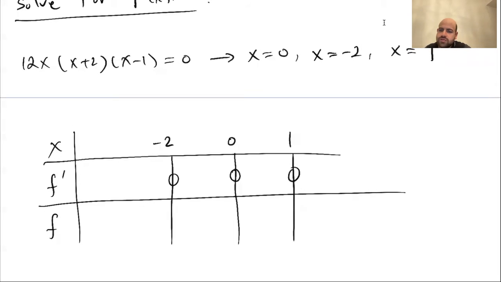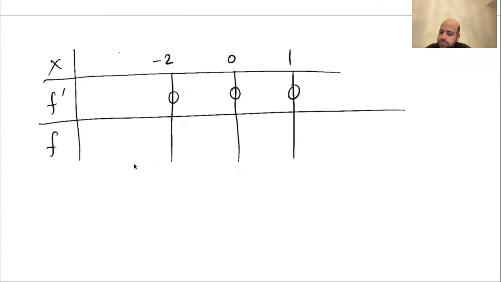So this region here corresponds to the x values less than minus 2. So if x is less than minus 2, we can use a test point, for example, x equals minus 3. So test point x equals, let's say, minus 3, less than minus 2.